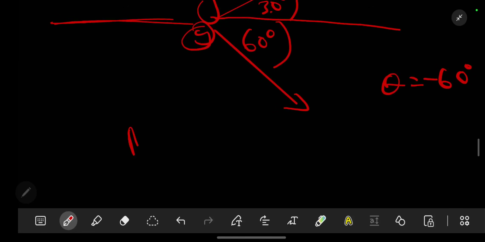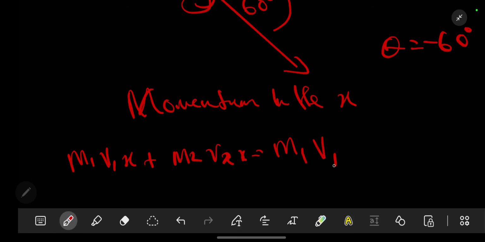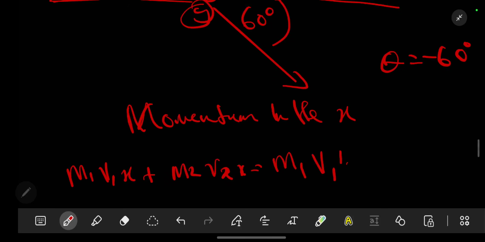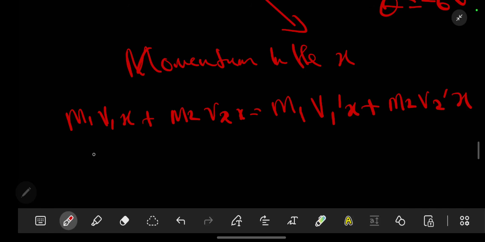So we are going to say momentum in the x should be equal to m1 v1x plus m2 v2x, which should be equal to m1 v1 cap x plus m2 v2 cap x, like that. So our m1 is equal to m2, which should be equal to m.